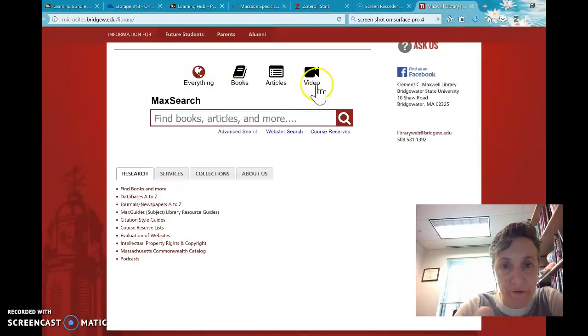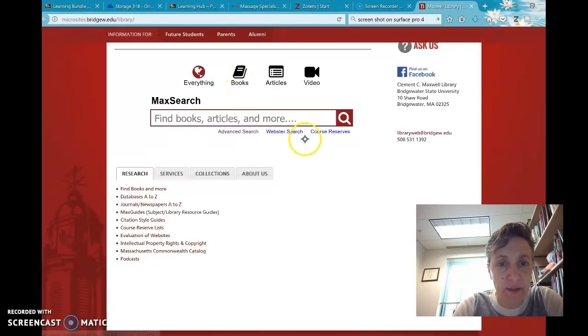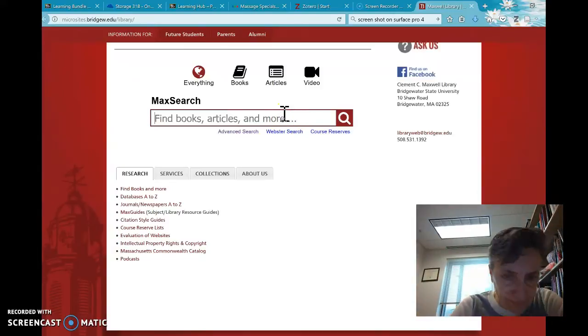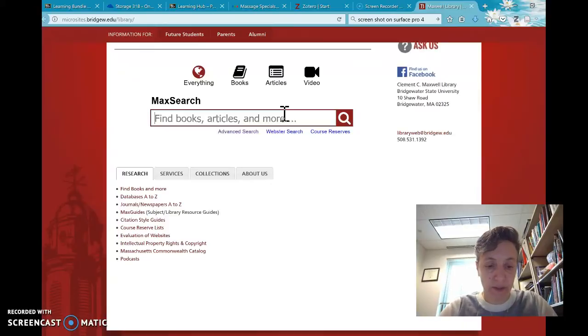This searches everything the library owns. At this point, I find this Max Search to be confusing for my own purposes. You're free to try it and use it. Let's do one sample search here, and then we'll do one using the Max Guides, which is how I prefer.